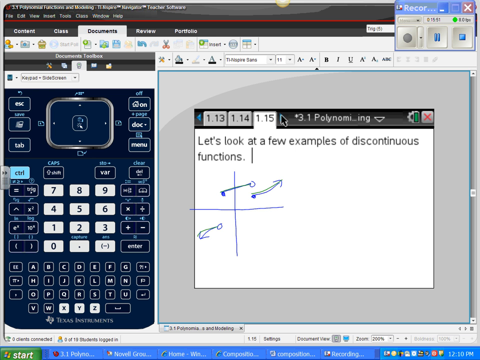I have to pick up my pencil, which makes this a discontinuous function. Another example of a discontinuous function would be something like this. Again, if I went to graph this, I'd go here and I'd have to pick up my pencil to hop over that point. So these are examples of discontinuous functions.